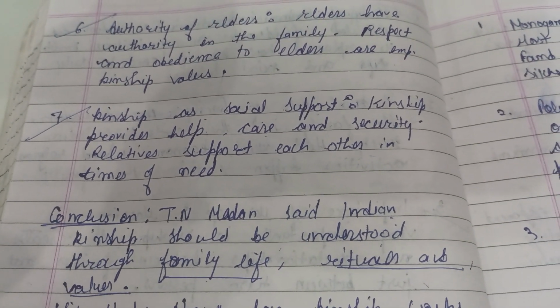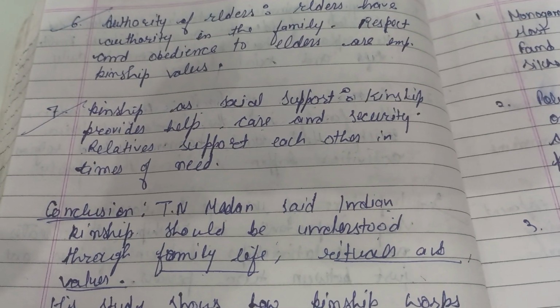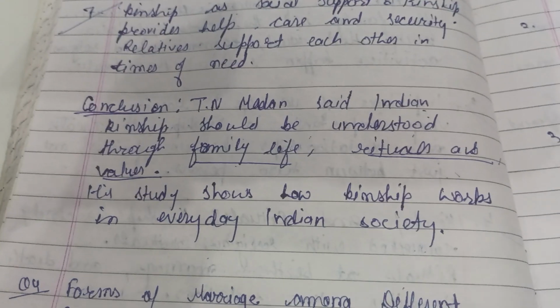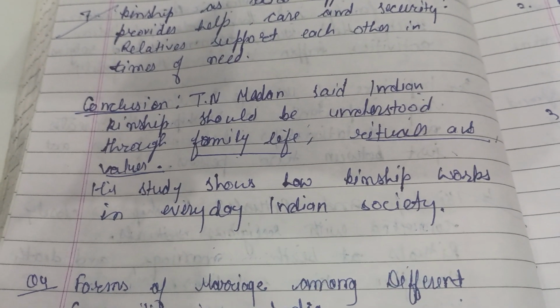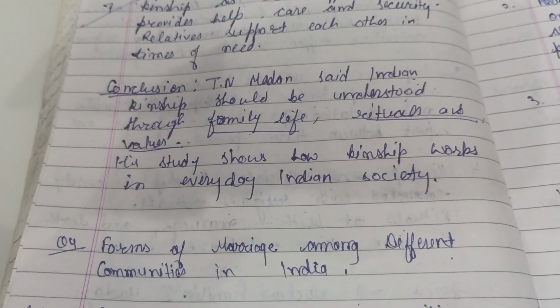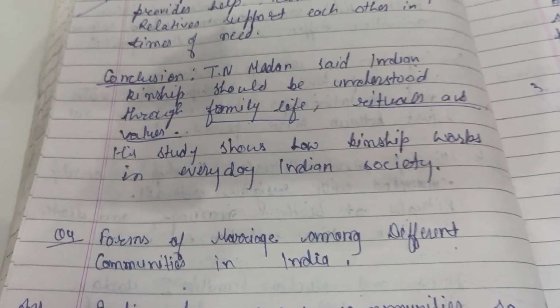Kinship as social support: kinship provides help, care, and security. Relatives support each other in times of need. Conclusion. T. N. Madan said Indian kinship should be understood through family life, rituals, and values. His studies show how kinship works in everyday Indian society.